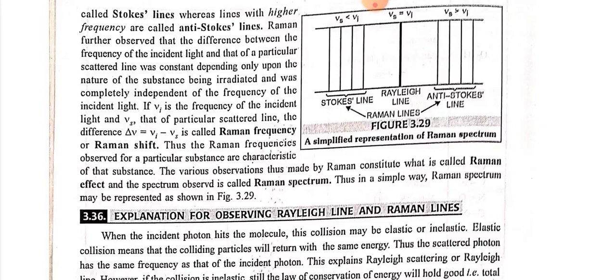Thus the Raman frequencies or Raman shifts observed for a particular substance are characteristics of that substance. The various observations made by Raman constitute what is called the Raman effect, and the spectrum observed is called the Raman spectrum. This is the way the simple Raman spectrum may be represented as shown.